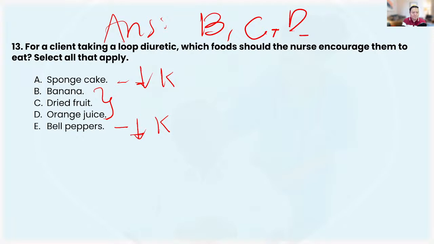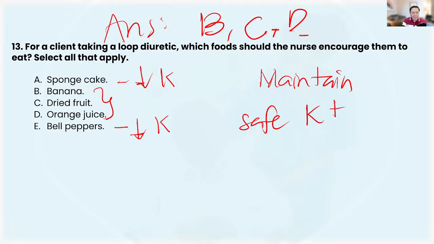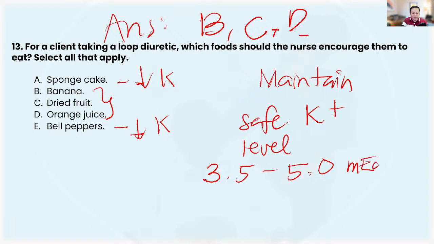We really want to make sure that we are maintaining a safe K level. Do not forget the 3.5 to 5.0 milliequivalent value. Make sure that you're able to maintain that.